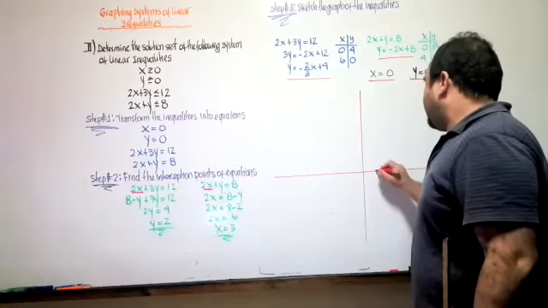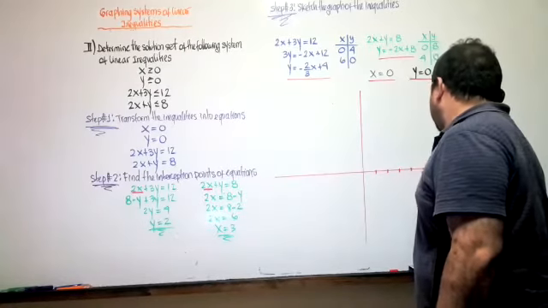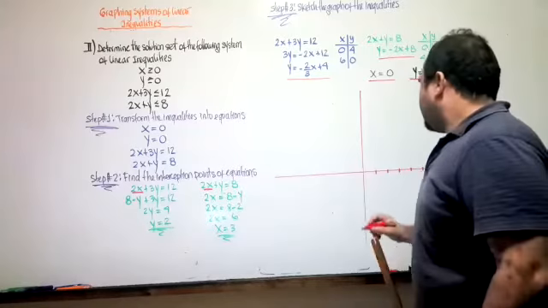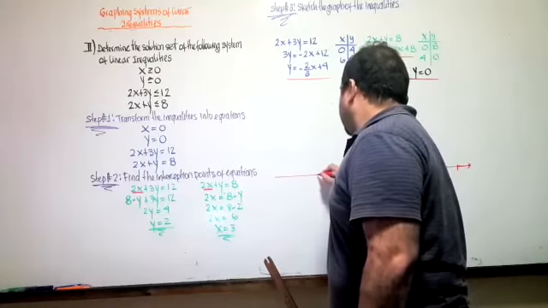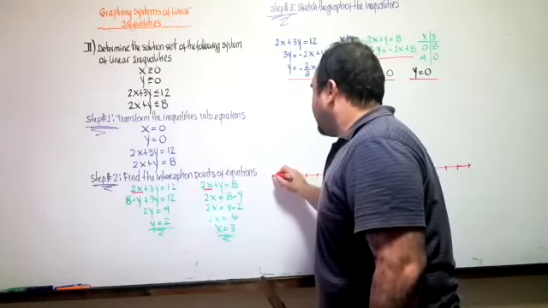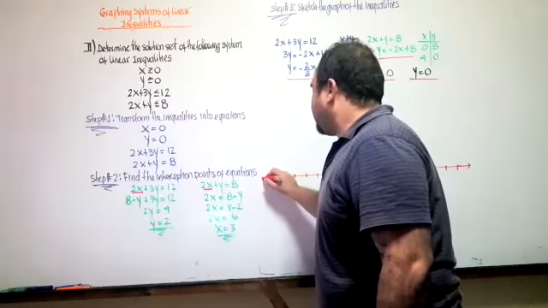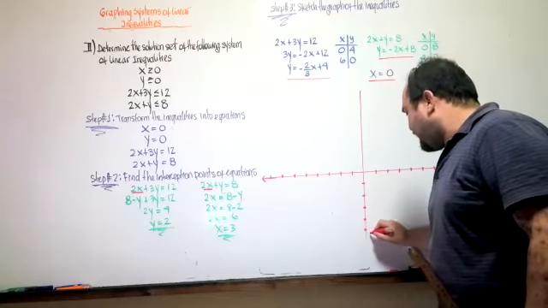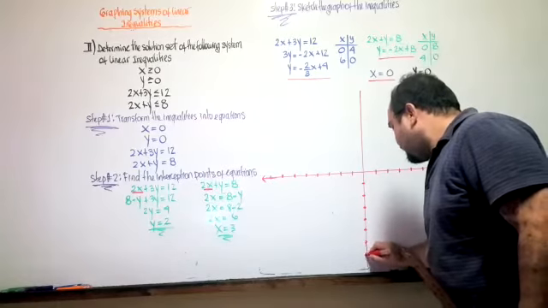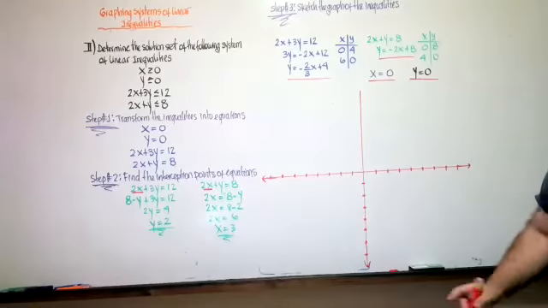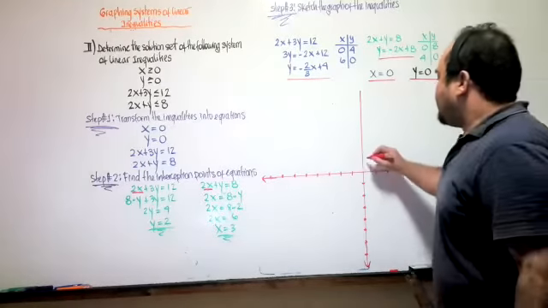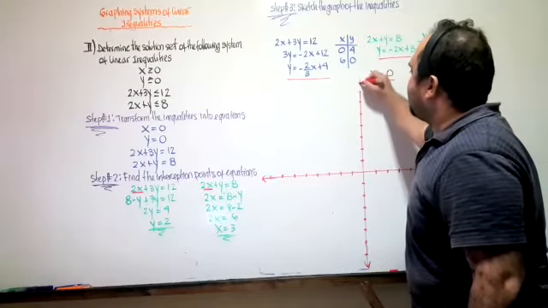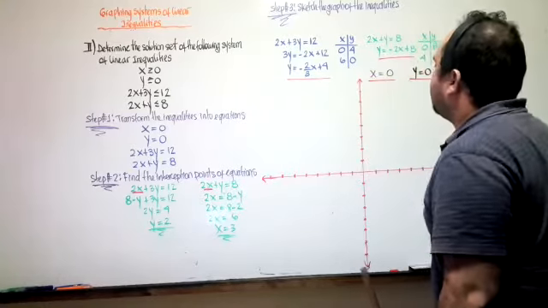Okay, we have 1, 2, 3, 4, 5, 6, 7, 8. Again 1 through 8, then 1 through 7, no more than that because I'm out of space, and 1 through 8.